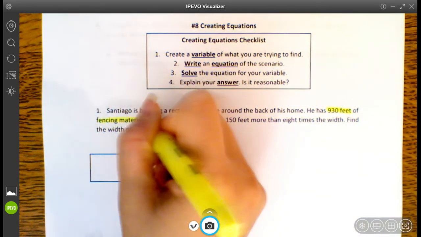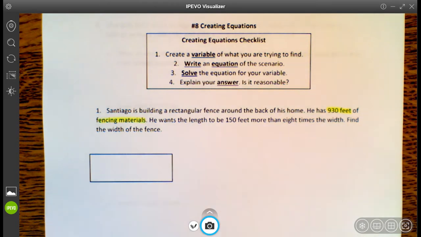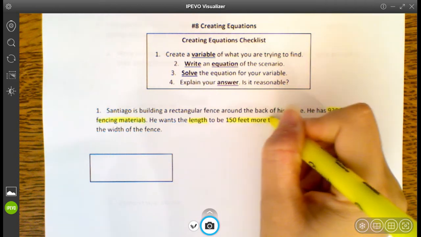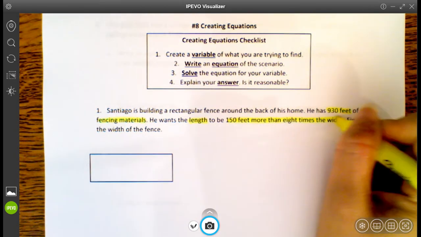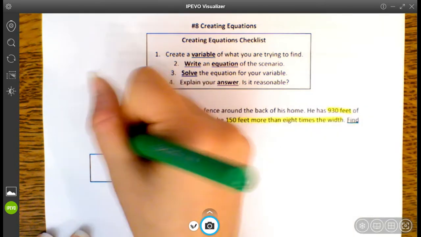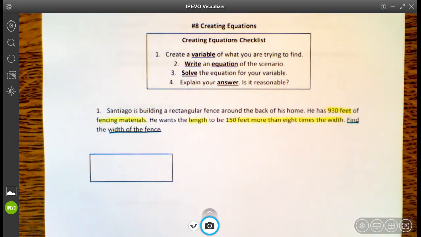He wants the length of his rectangular fence to be 150 feet more than 8 times the width. Find the width of the fence. So we're going to underline that. We are finding the width of the fence.